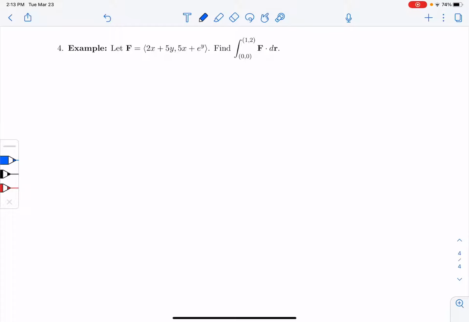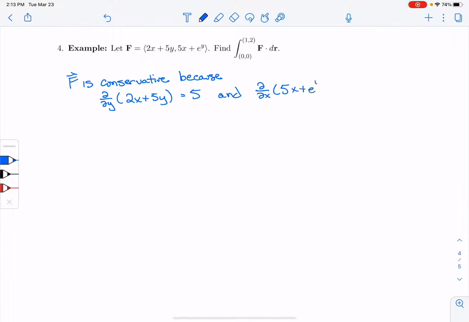Okay, so let's start by showing that capital F is conservative. So capital F is conservative because the derivative with respect to y of 2x plus 5y is 5, and the derivative with respect to x of 5x plus e to the y is also equal to 5.